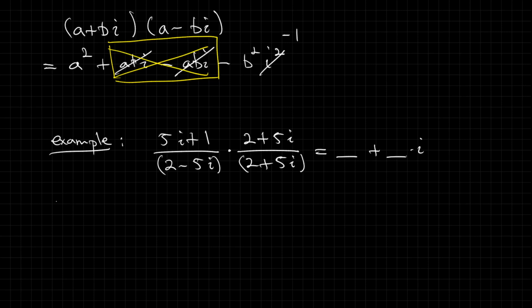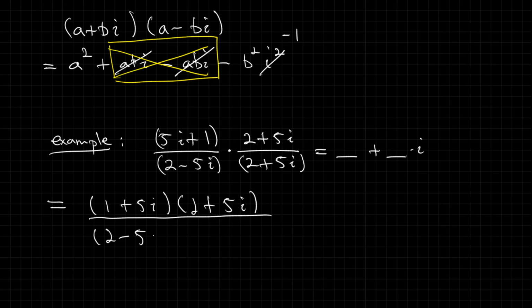Okay, so I'll go ahead and now multiply the numerators and multiply the denominators. So I got 5i plus 1, and I'm going to rewrite 5i plus 1 as 1 plus 5i, just because that makes everything look a little bit more like the complex number arithmetic that I've been doing before.